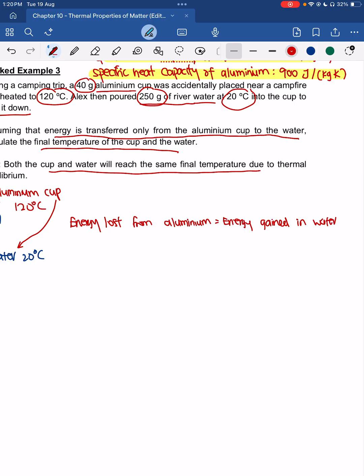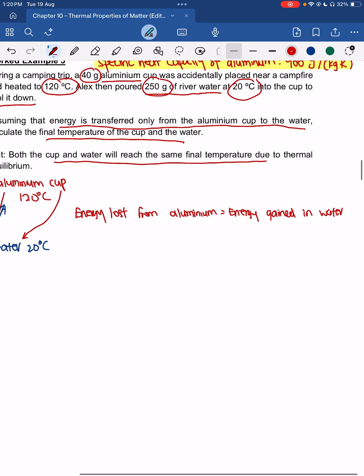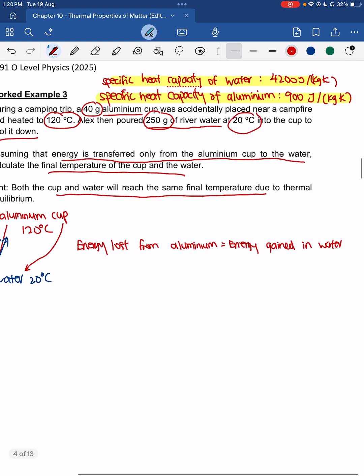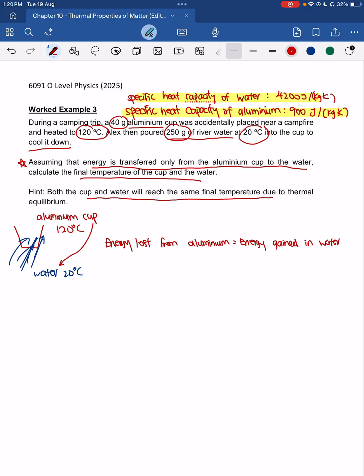So how can I link this to the specific heat capacity? Because these are the other information I was given: specific heat capacity, the mass and temperature change. So this is the formula that will be involved.